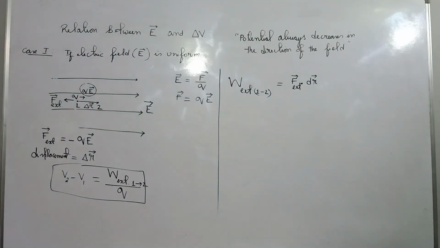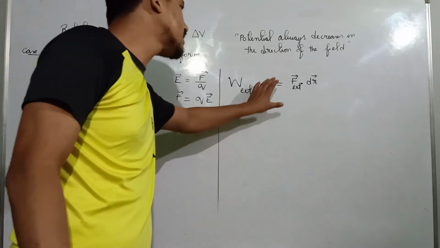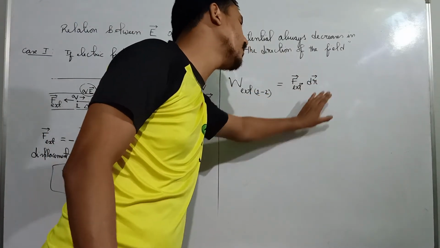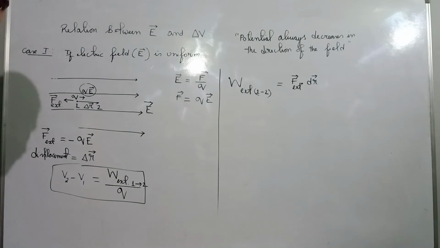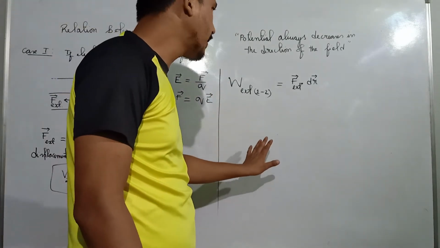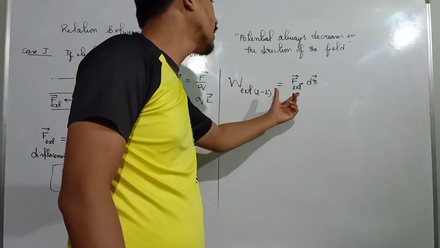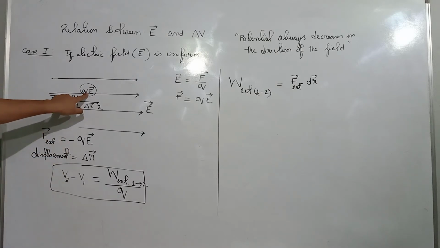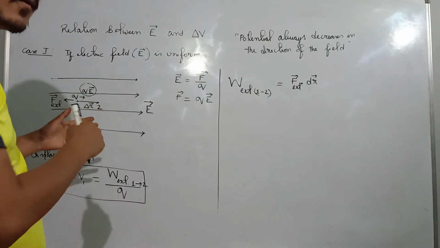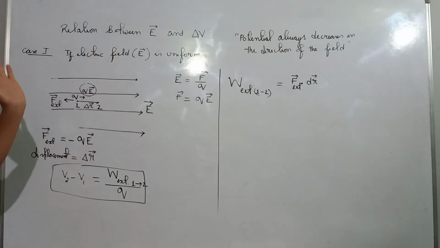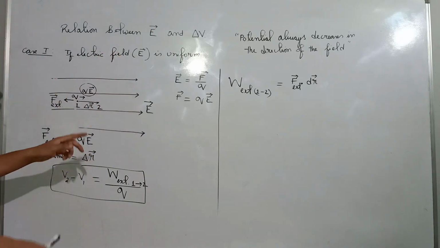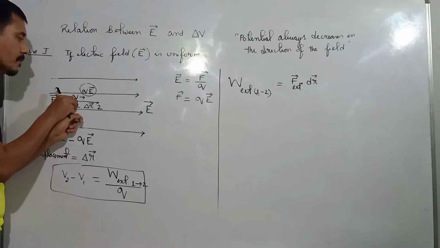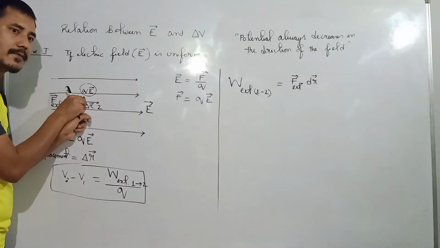Yesterday I told you that this formula is applicable only if the work is done by a constant force. If it is a variable force, then we have a different relation for work done. Why am I using this relation here? Because the force that I am applying, opposite to QE, is constant. Why constant? Because your field is constant, so this Q will experience a constant force.